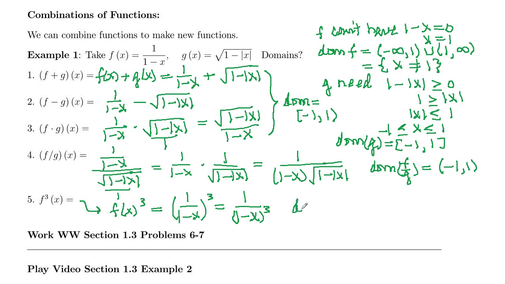And then the domain of f cubed here is the same as the domain of f, right? The only restriction is you can't have 1 in the denominator. So this is going to be set of x not equal 1. Or if you want to do intervals, you can do this. So that's combinations of functions, arithmetic combinations of functions.